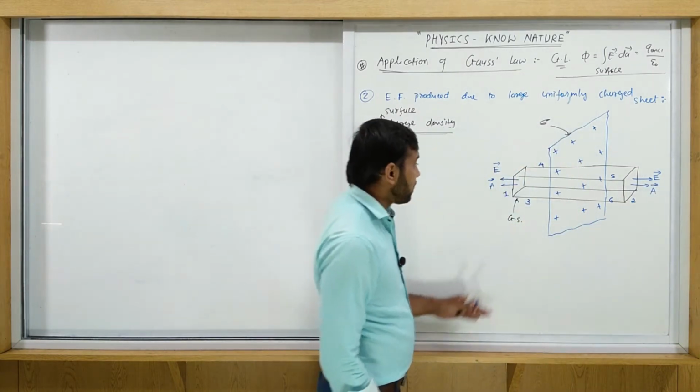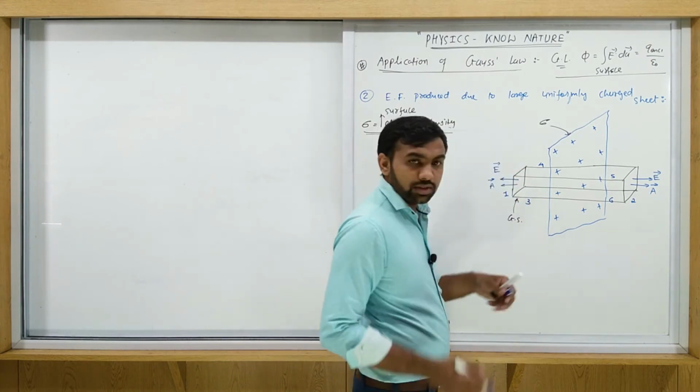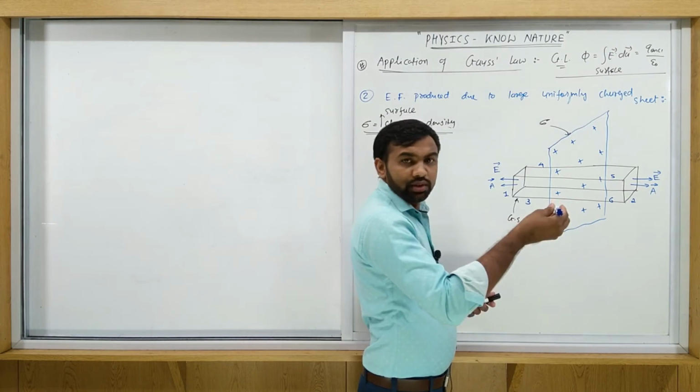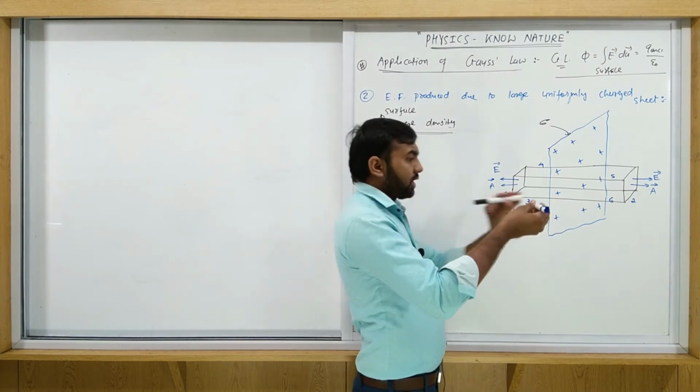If you consider the third face, the front face, the area vector is coming out and the electric field is like this.